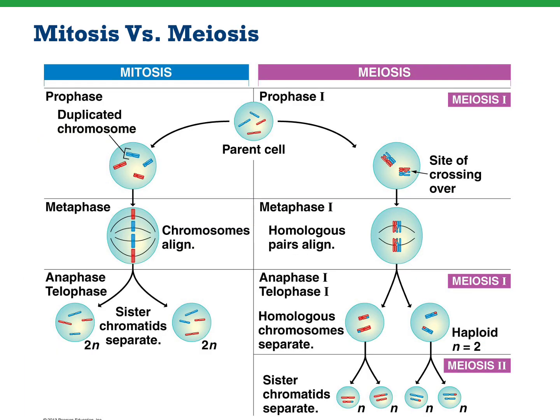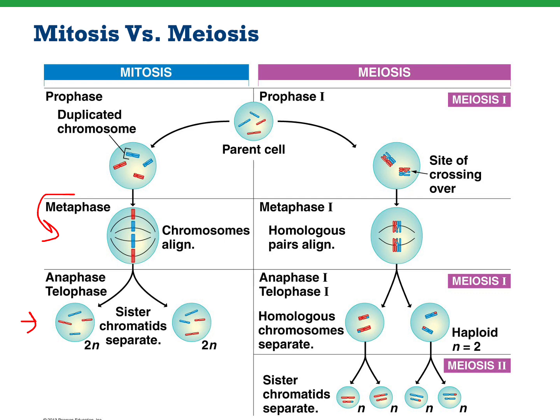Okay, so here's a good slide to summarize mitosis and meiosis. In mitosis, somatic cells will duplicate chromosomes. The chromosomes then align and the sister chromatids separate, resulting in 2 diploid cells identical to the parent cell.